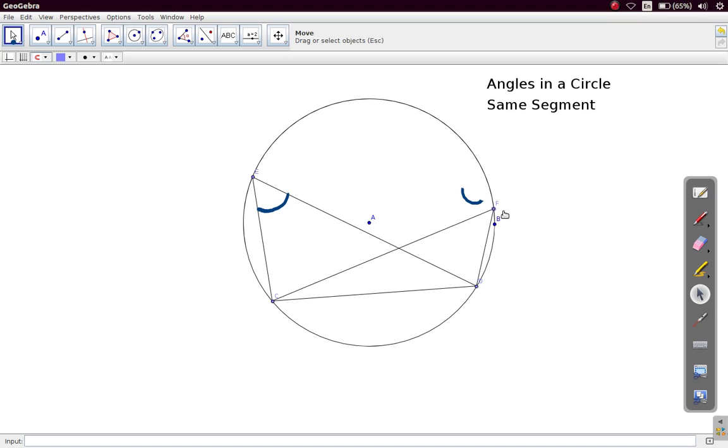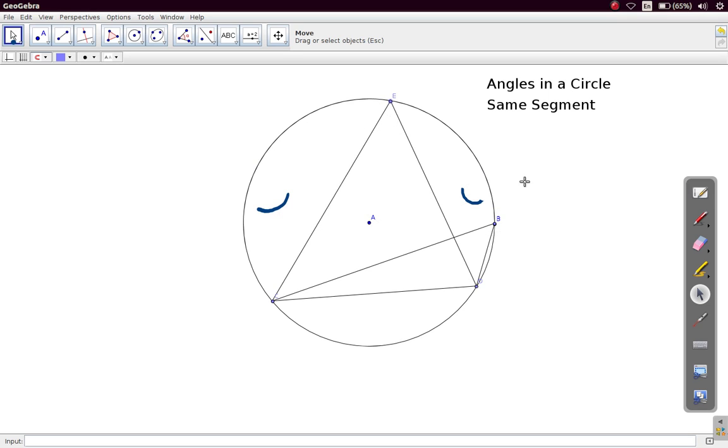If I move the joint here and move this joint up here, what you will find is that this angle and this angle are equal. And if I move this joint where the two chords meet and put them here, the angle never changes and is always equal to that other angle over there. Look at this. You see, they match each other. They're always equal to each other, no matter where you put them. Alright?